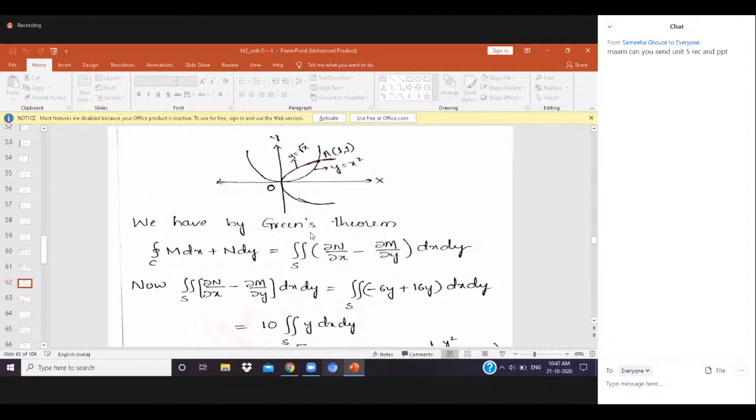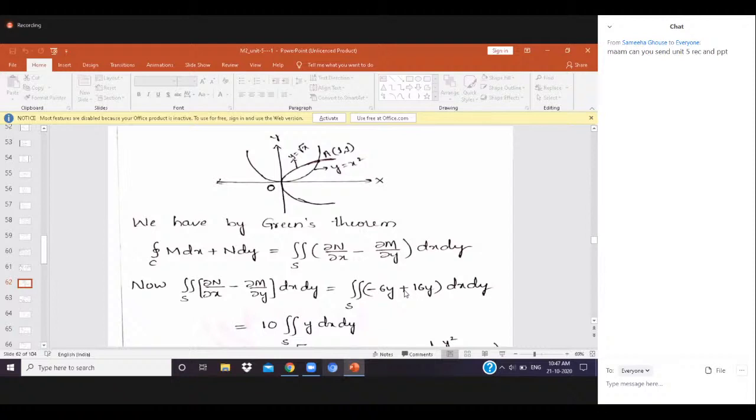According to Green's theorem, we evaluate the surface integral first, that is the double integral over S of (∂N/∂x − ∂M/∂y) dx dy. The value of ∂N/∂x is −6y minus ∂M/∂y, whose value is −16y, so it becomes plus 16y.